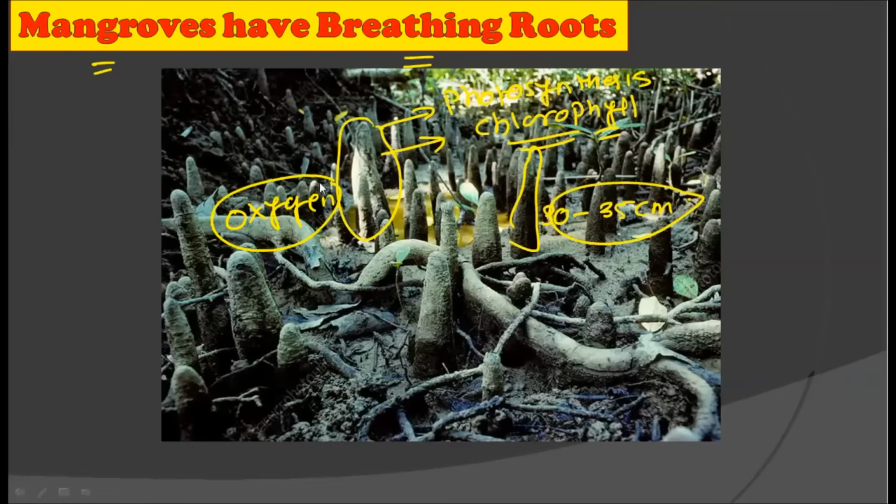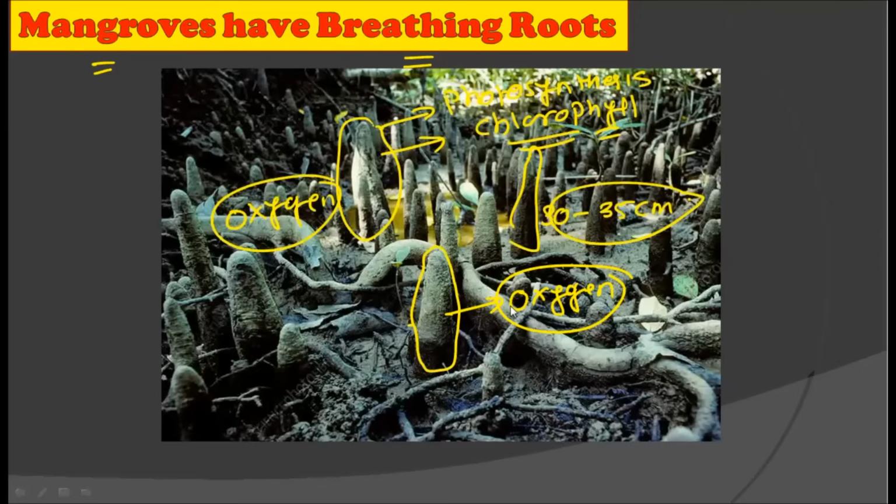As we have discussed in a previous slide, the soil conditions of the habitat of mangroves contain muddy anaerobic soil. That is, this soil is devoid of oxygen. So in such cases, the mangroves have the adaptability to grow their roots vertically upward in the air. Now, due to the access to this air, there comes contact with oxygen, and they start oxygenating their tissues.